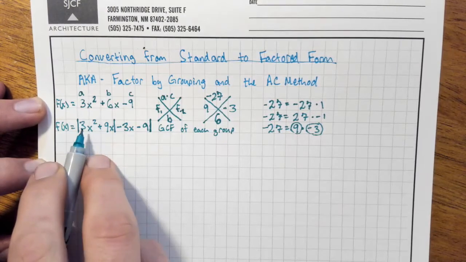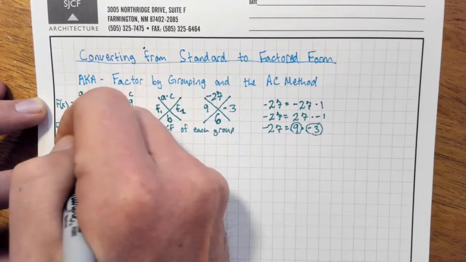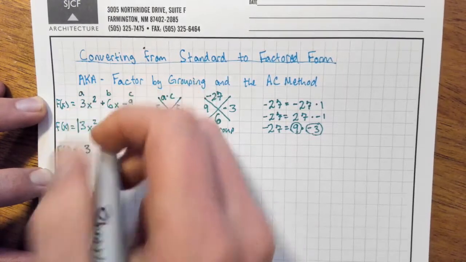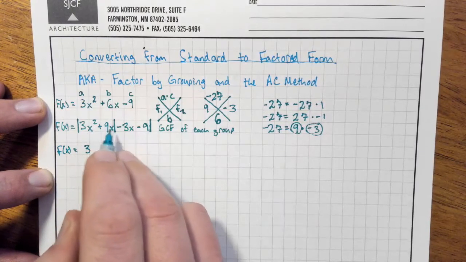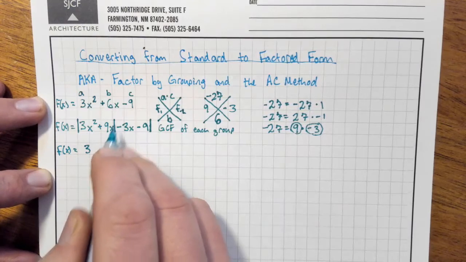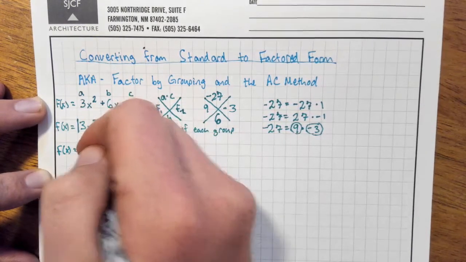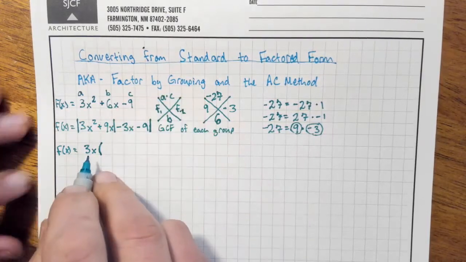The largest value that goes into both 3 and 9 is a 3. Each term also has at least one x. This doesn't have an x squared, so the largest x I can pull out is just x to the power of 1, or just x. So I'll go 3x. Now in parentheses, what is left?